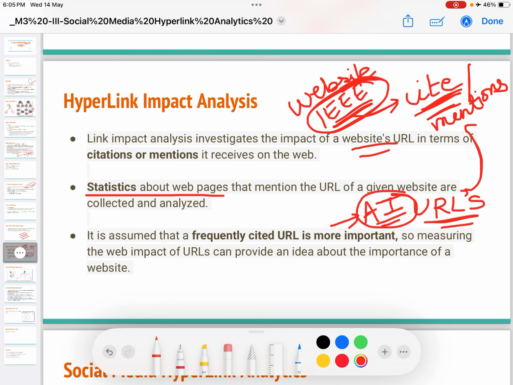The more times it is cited, the more important it is, because that many times this paper was being referred. So measuring the web impact of URLs can provide an idea about the importance of a website. By measuring how many times the URL was used, cited or mentioned, we get the importance of that particular website.